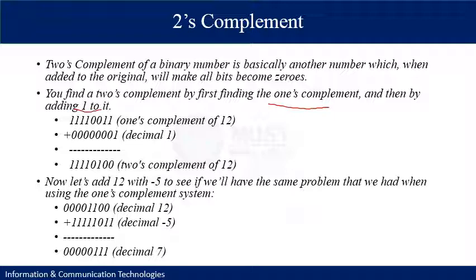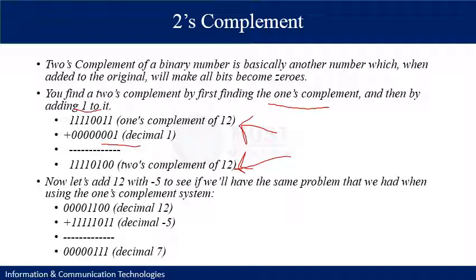So let's take the previous example and the minus 12 value. We convert the 12 into binary and then take the 1's complement. In the 1's complement, we just reverse the bits and then add decimal 1. So we will have the representation of our negative 12 in 2's complement.